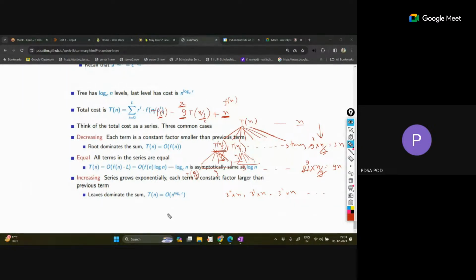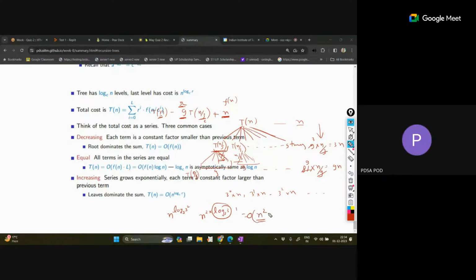Just put this in the equation: n to the power log base 3 of 9. You can also write 9 as 3 to the power 2, so the 2 comes before the log: n to the power 2 into log base 3 of 3. This becomes 1, and the result is n square.